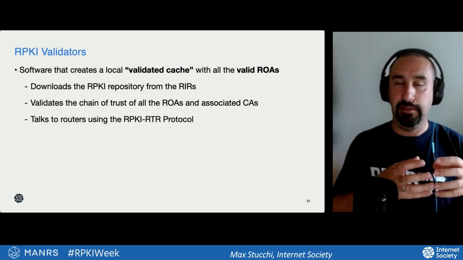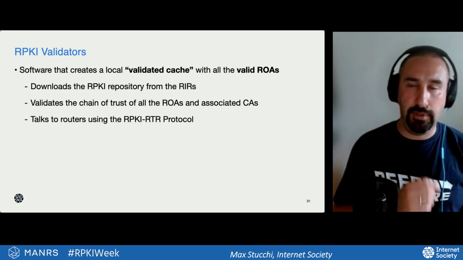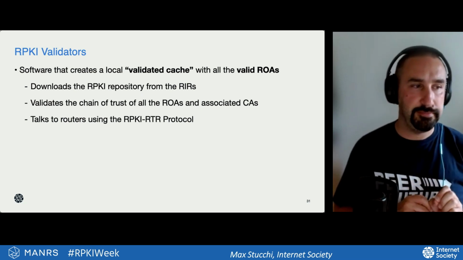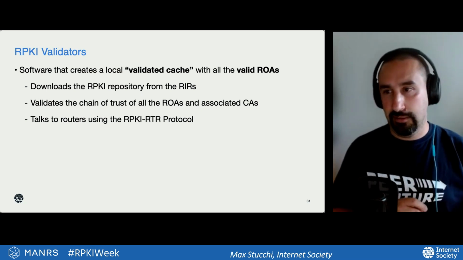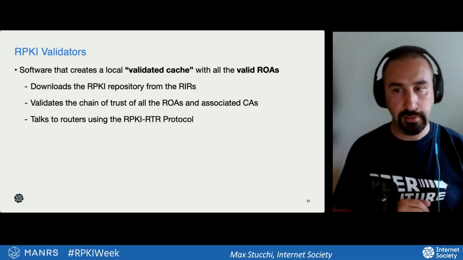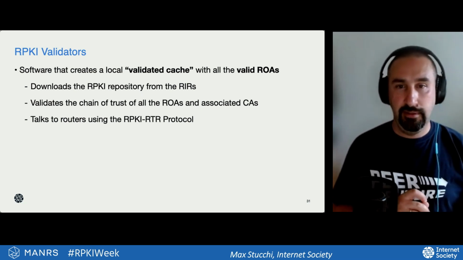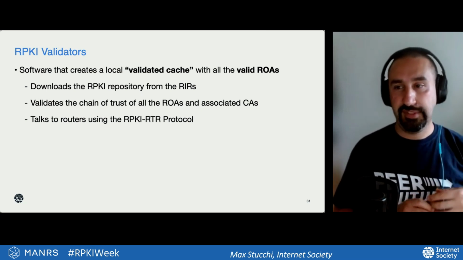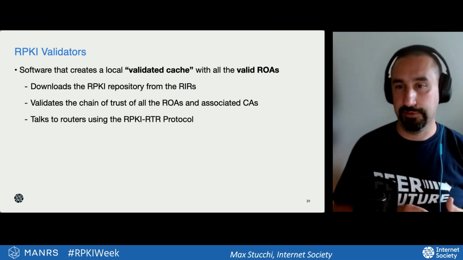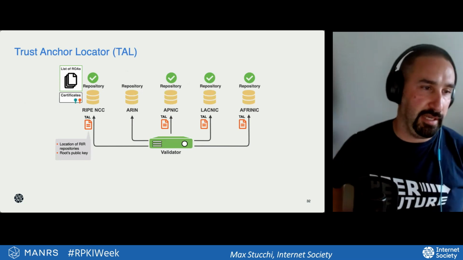So it has a local database that contains all the ROAs, the ones that have passed all these tests, and then has a component that's a server that runs a protocol called RPKI RTR, which is used to send this data to the routers.